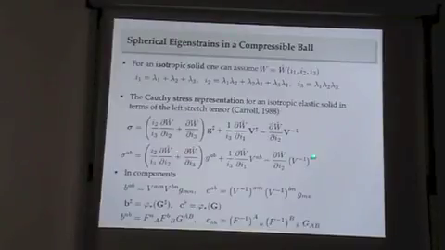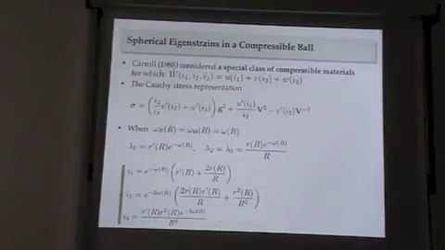In components it looks like this. This is what we call the finger tensor, which is the push-forward of the metric in the reference configuration. You do things very carefully, but this is really a simple exercise, extending that Cauchy stress representation. So this is now the special class of compressible solids that Carroll considered.